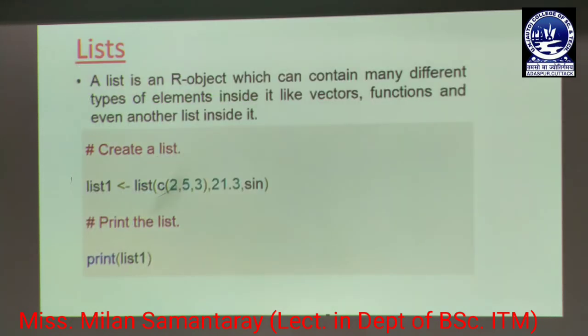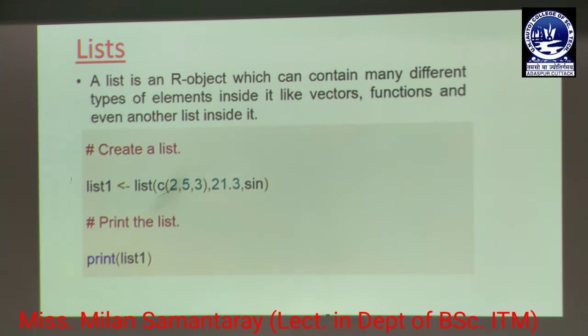And then the another data type is our list. So, a list is an R object which can contain many different types of elements inside it, like vectors, functions and even another list inside it.